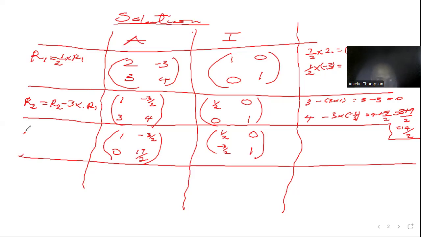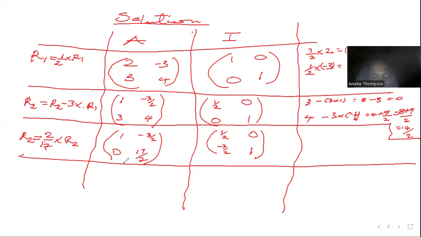I will say row 2 now will become 2 over 17, that is the inverse of this number here, times row 2.